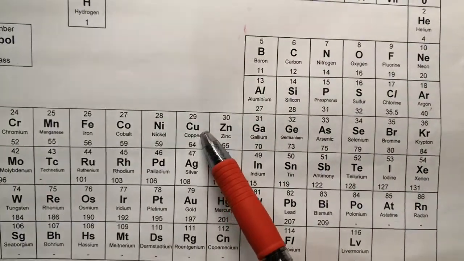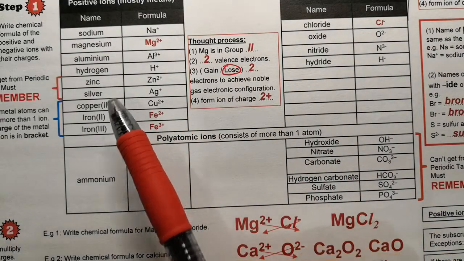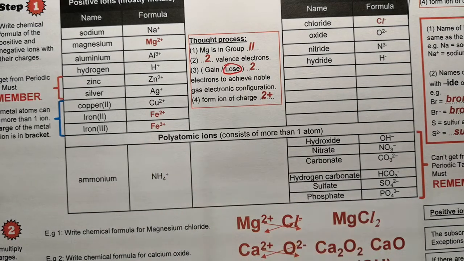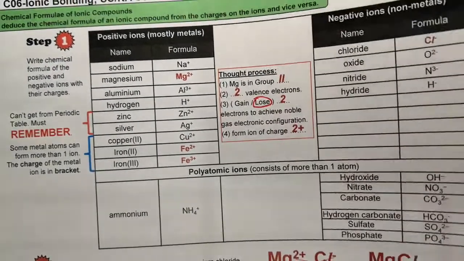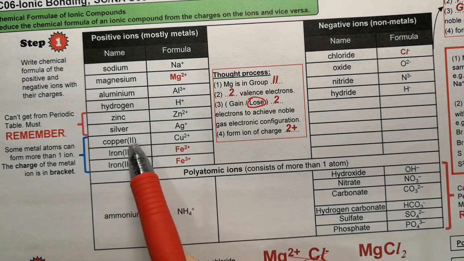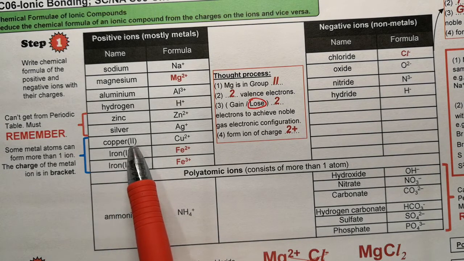And likewise for copper. Copper is a bit special. Copper also has no group. Copper is a bit special because it can form more than one type of ion. But in our syllabus, it's mainly copper 1 or copper 2. And the charges are basically in the bracket. They will tell you the charges. So when you see copper 2 sulfate, for example, the copper 2 means that it's Cu2+.